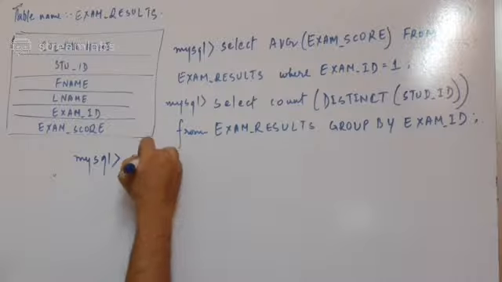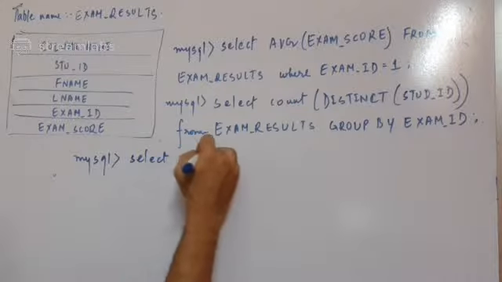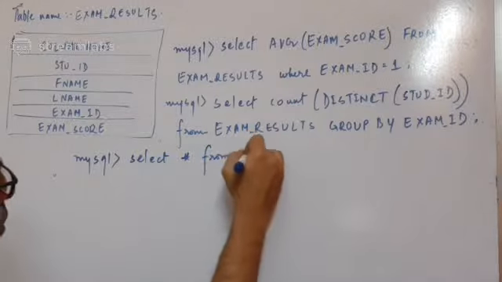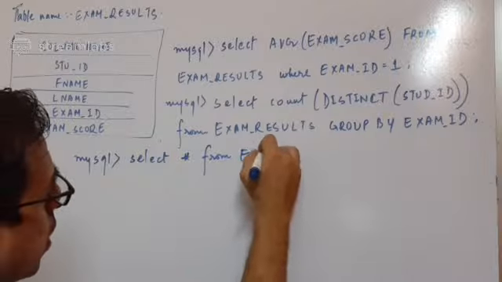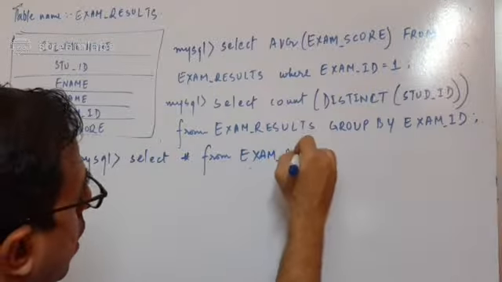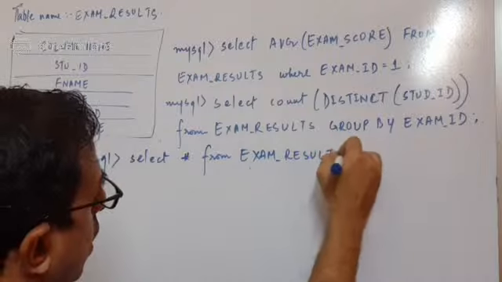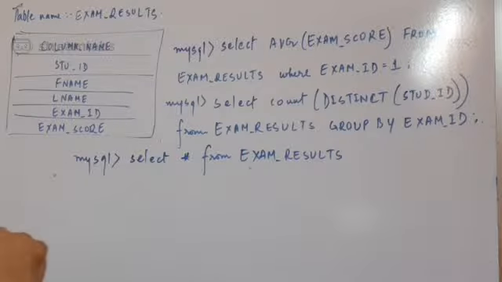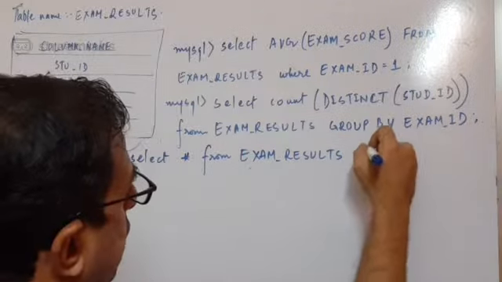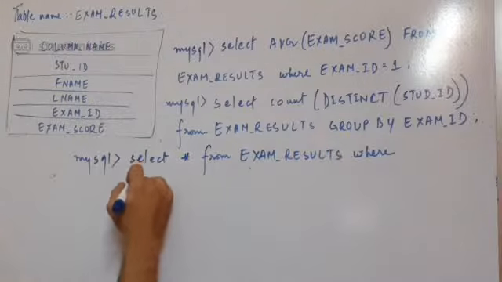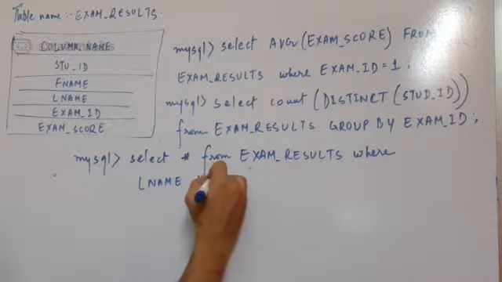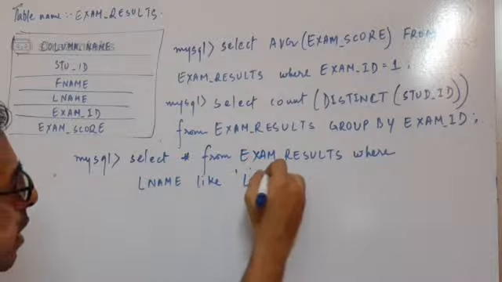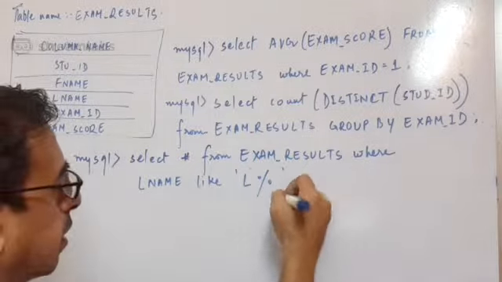So select asterisk from the table exam_results where l_name like 'L%'.